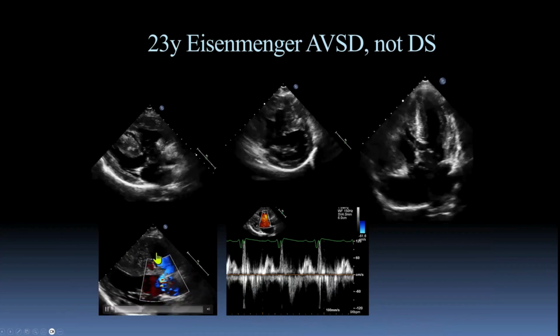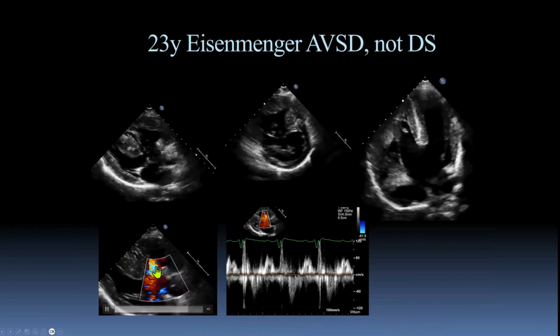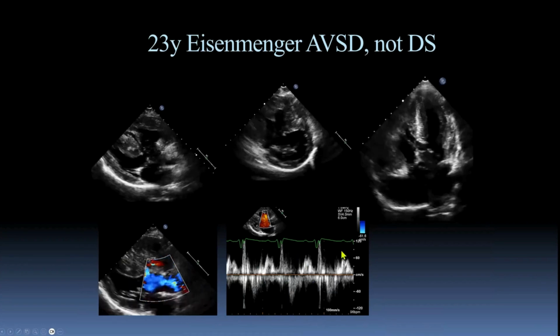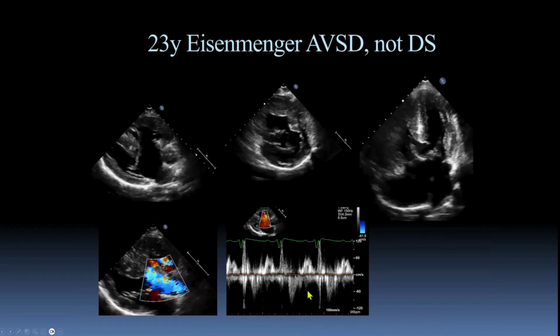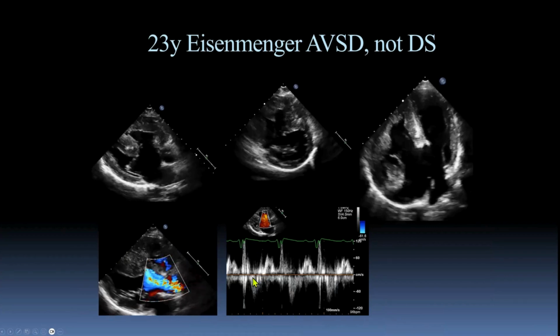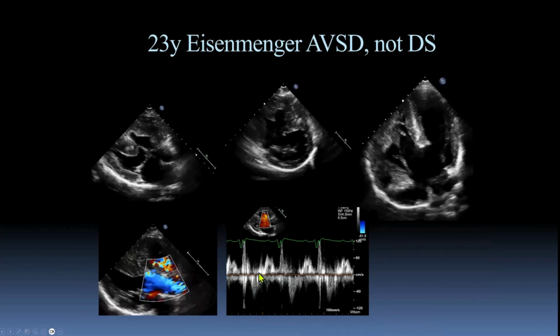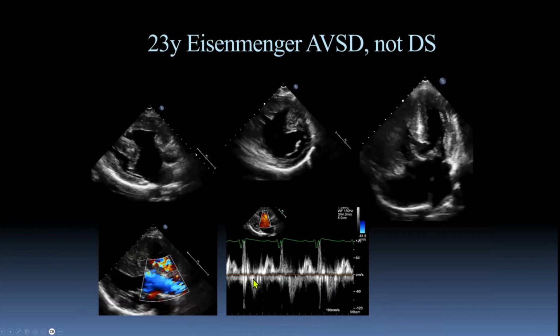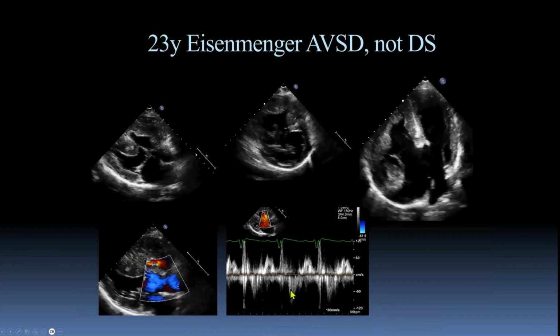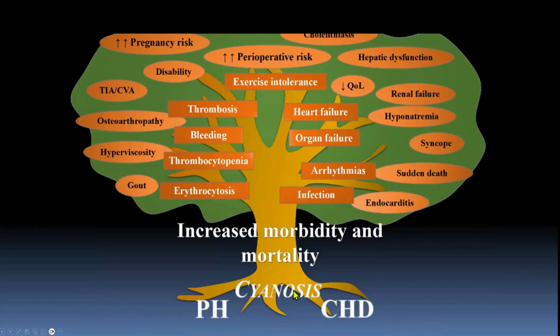You see the defect, which is large and goes almost into the outlet, and you can see this bidirectional shunt. There's no such thing as pure right-left shunt in Eisenmenger. It's always bidirectional, if anything, because of the difference in timing of contraction of the 2 ventricles. You can see that's right to left, a little bit left to right, and then right to left again.